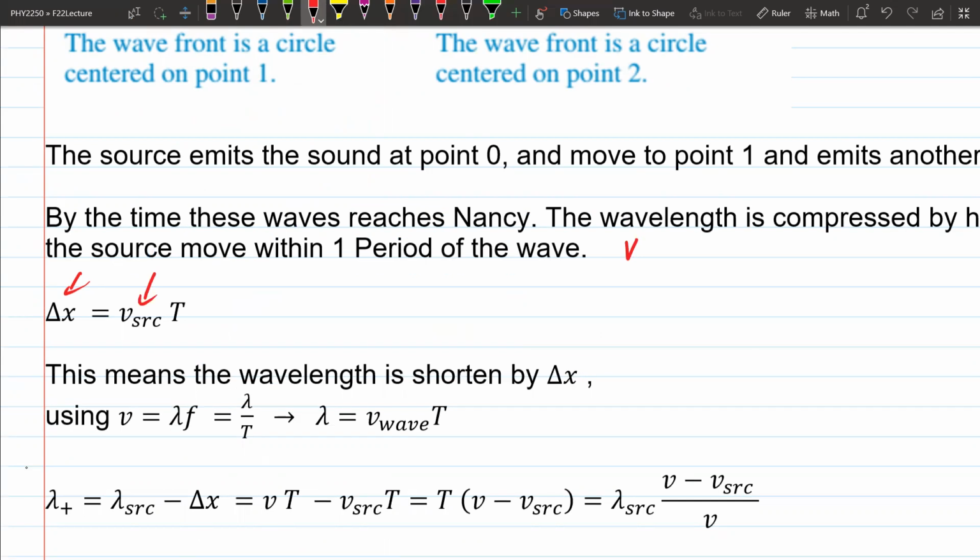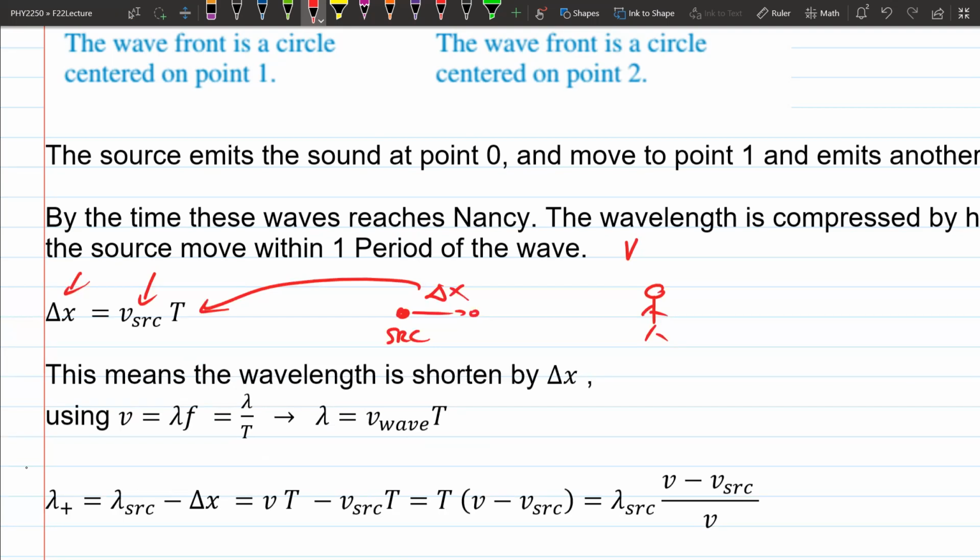If you have a source, SRC, moving towards an observer, the change in distance that source moves over time is the speed of that source times the period of the wave. Remember, the period of the wave tells you how long it takes for the peaks to reach each other in time.